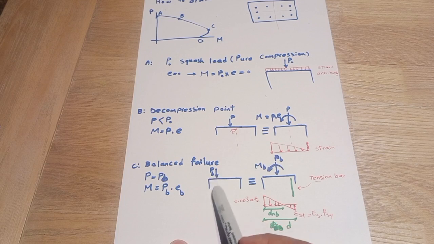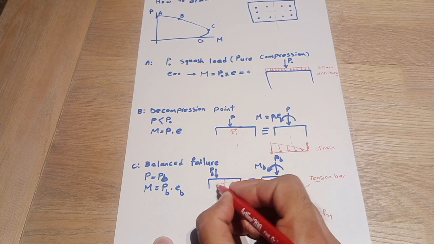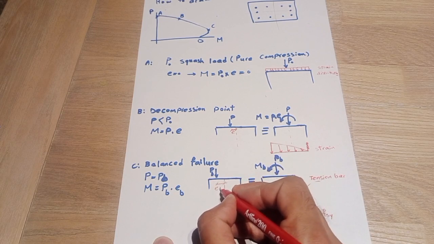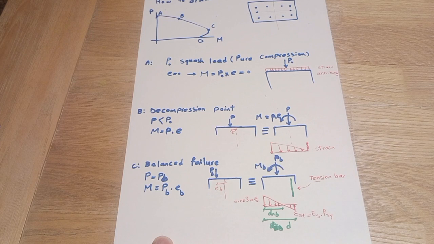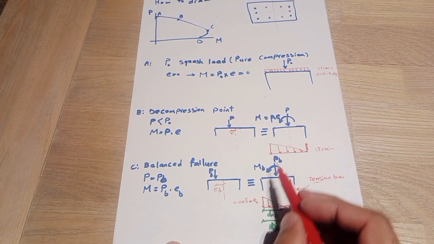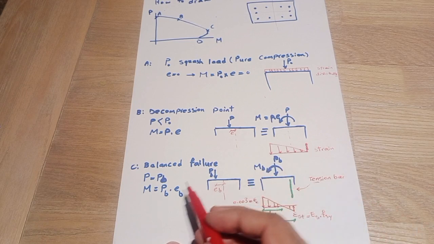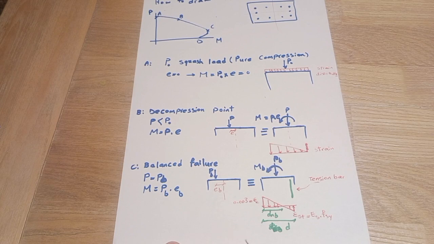We have P with eccentricity from the center. In this case, we will call it E balance or EB, and it will provide P balance and M balance at the center. M balance will be PB times EB.